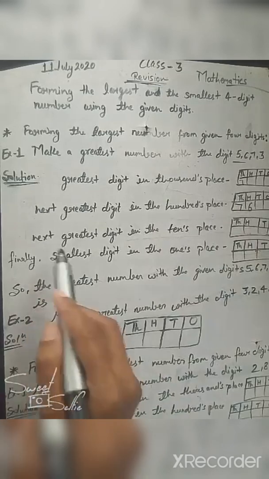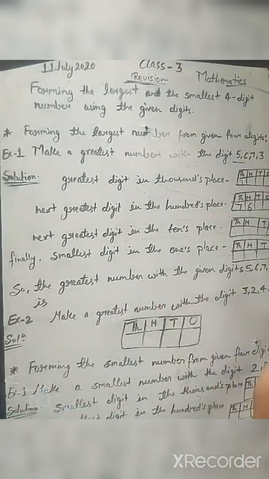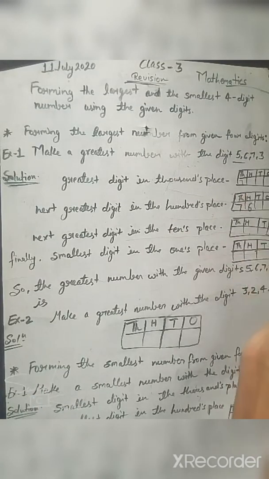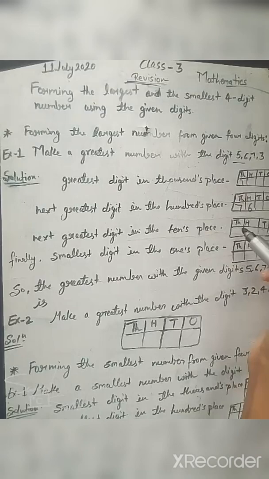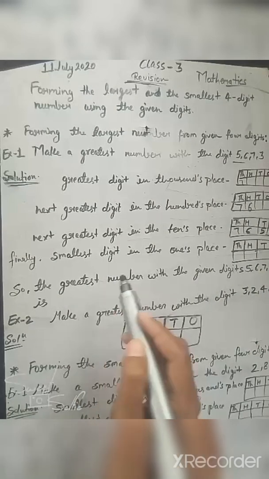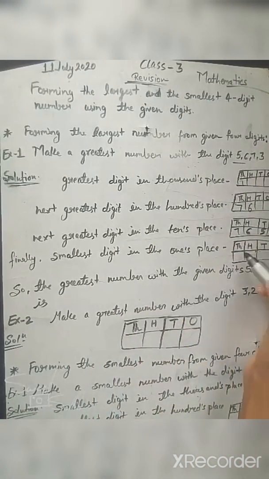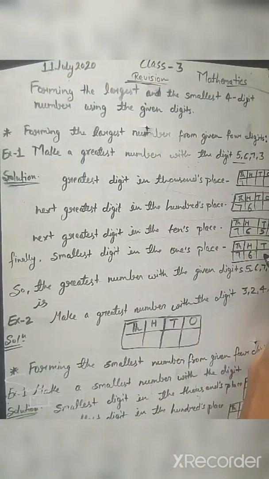Third step, next greatest digit in the tens place. So tell me which is the next greatest digit after 6? So this is 5, and we have to write 5 at the tens place. Okay, and finally smallest digit in the ones place. So which is the smallest digit? 3. 3 is the smallest digit.